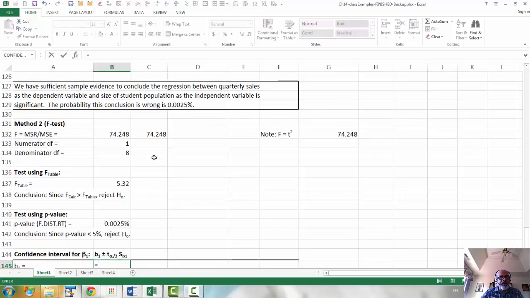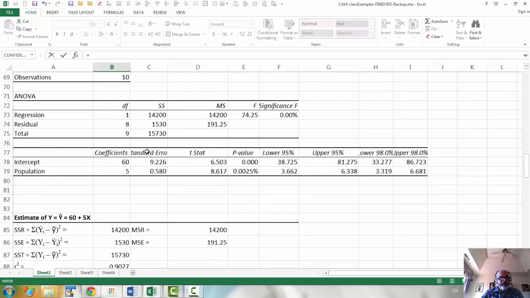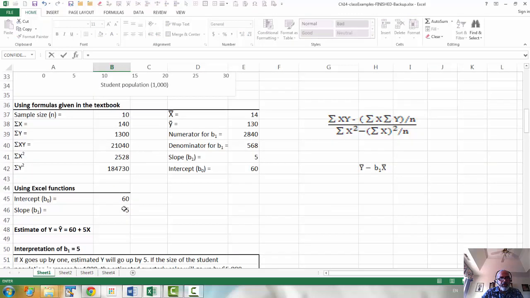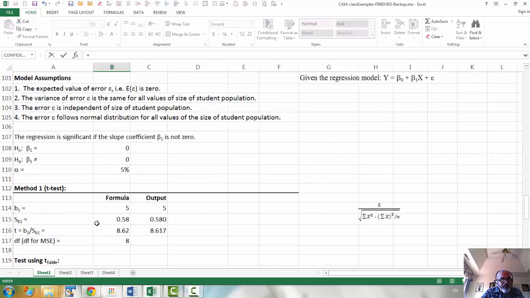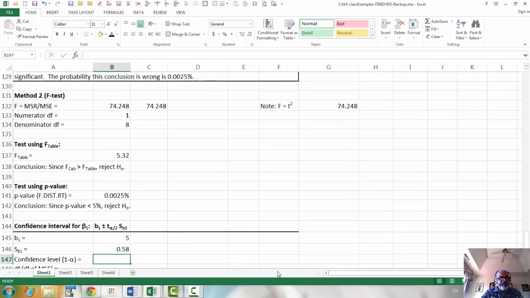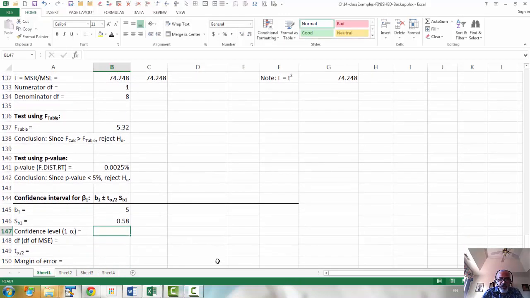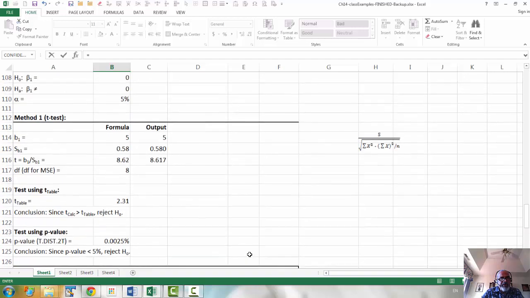So b1 is from here, and s_b1 we have calculated here in the T test, and suppose we want a 95% confidence interval.